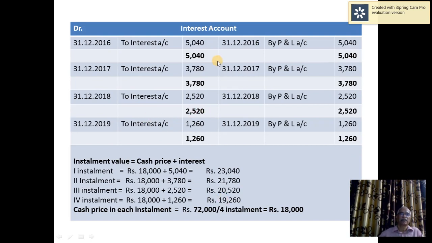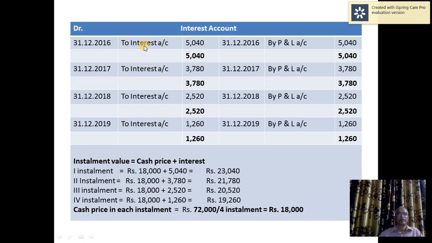Now look at interest account, how it is opened and how the entries are recorded here.